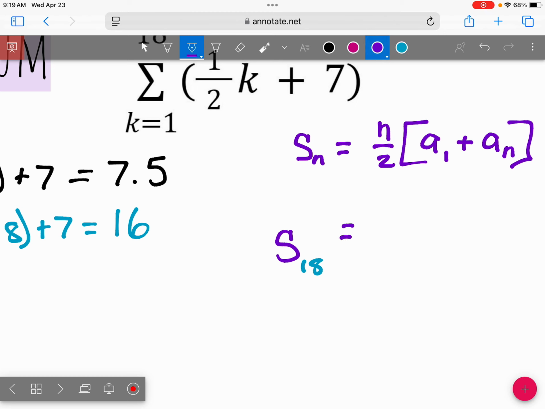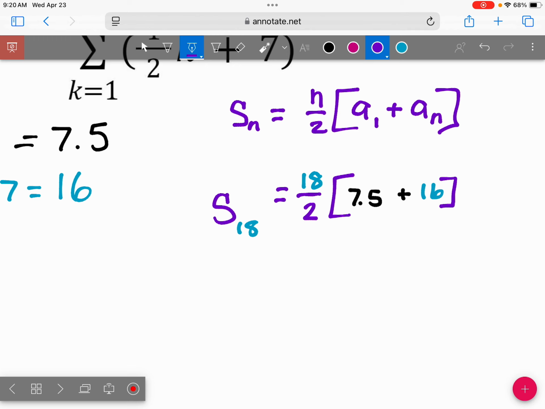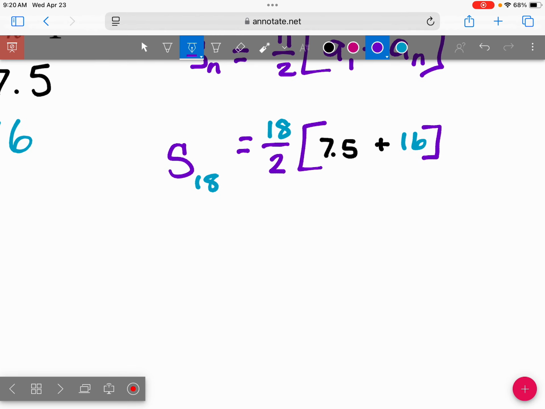We can write that as our fraction over 2 of our 18 terms, where we're taking our first term, that's 7.5, plus our last term, that's 16. So we can find these pieces. When we have an arithmetic sequence, we can take this little shortcut here. It makes it a lot easier to deal with.